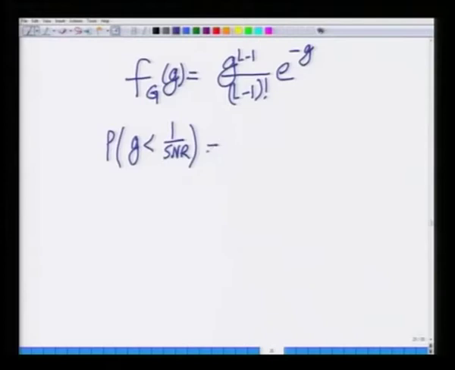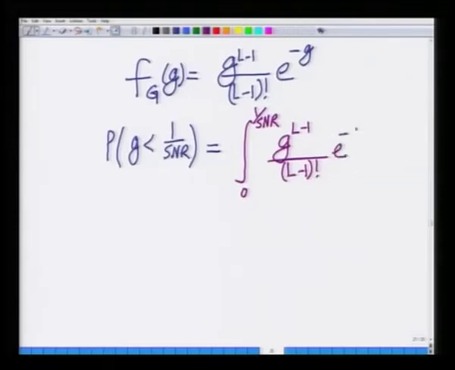Hence, that probability is given by integrating this probability density function between 0 and 1 over SNR, similar to what we did in the Rayleigh fading channel case, with distribution g power L minus 1 divided by L minus 1 factorial e power minus g dg. So, I am saying the wireless channel with multiple antennas is in a deep fade when g is less than 1 over SNR.